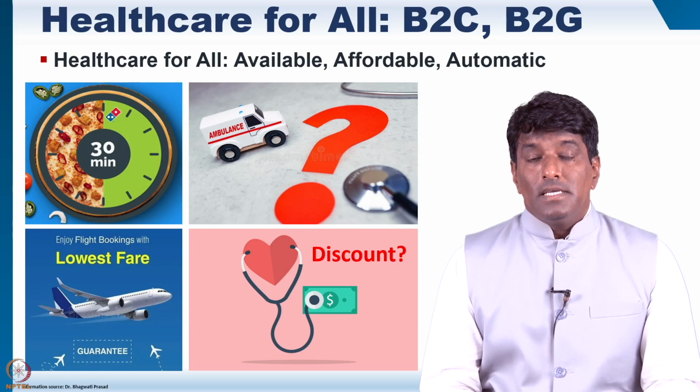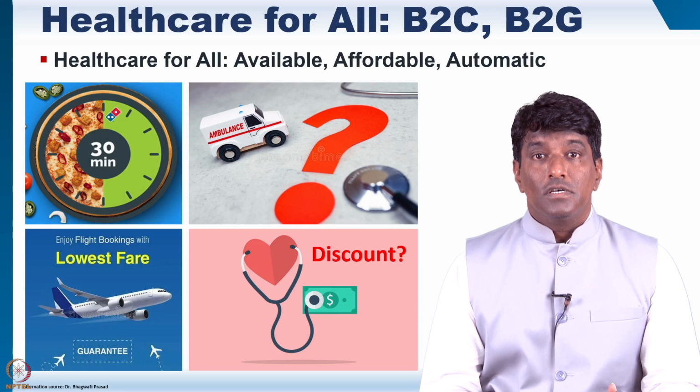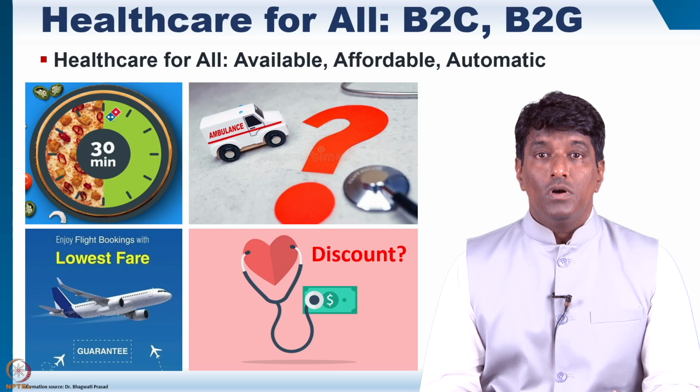Now, as far as the marketing strategy is concerned, you can choose to do B2C, directly go to the customer, or if you have a robust business model, a robust service, you can even directly approach the government, the local governments.